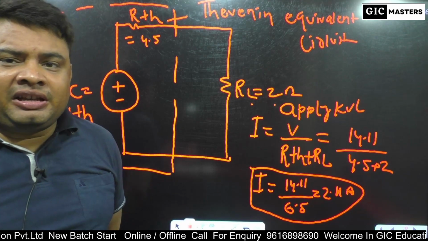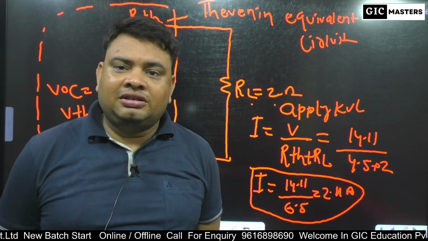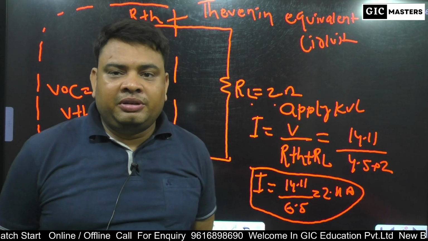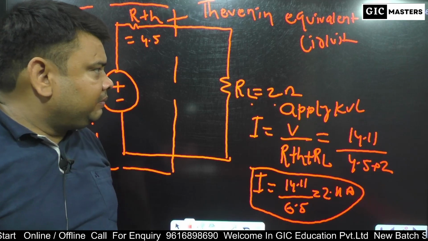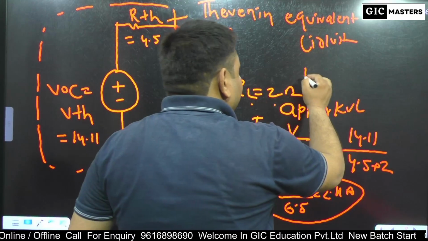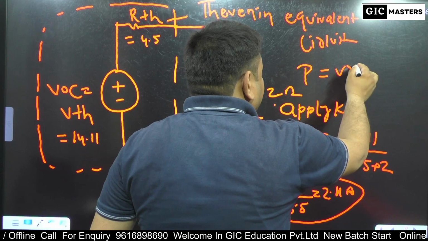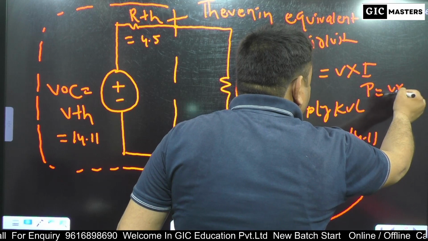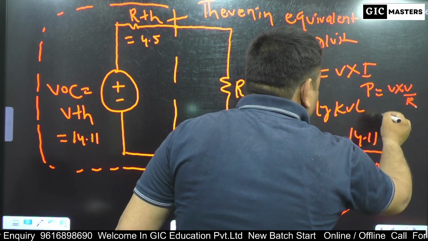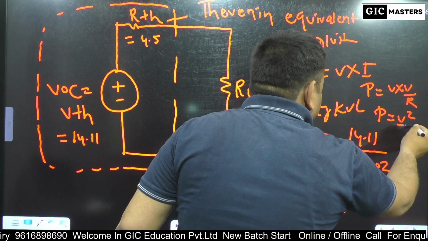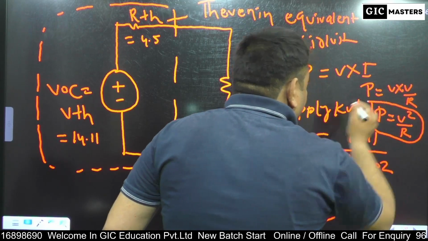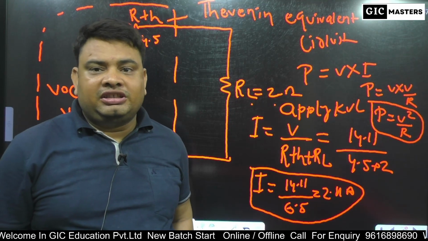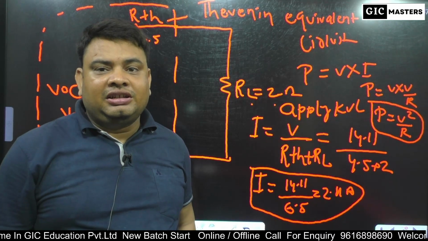It is not applicable for non-linear elements. Non-linear means it is not applicable for power, because power equals V into I, and P equals I squared R. The graph between power and voltage is non-linear, so Thevenin's theorem is not applicable for calculating power.